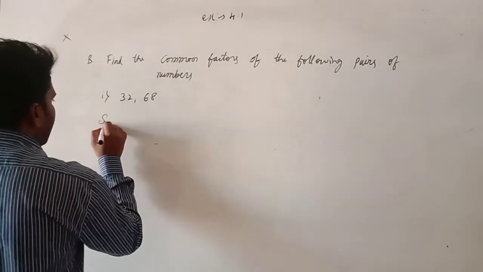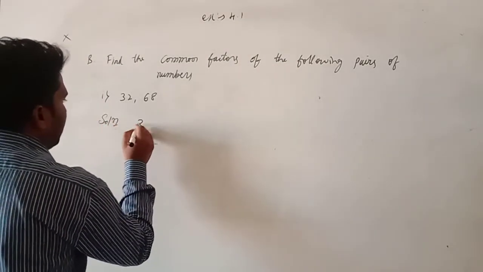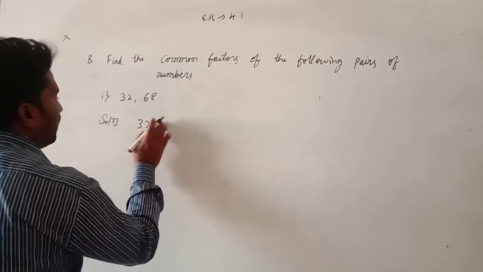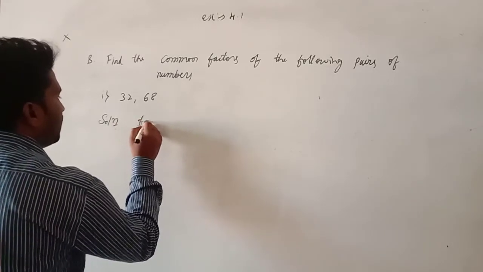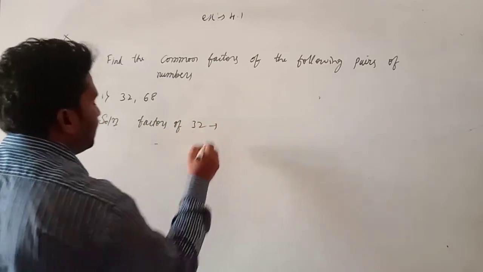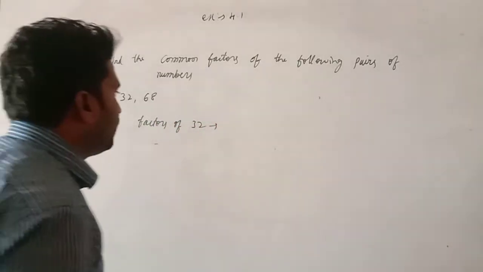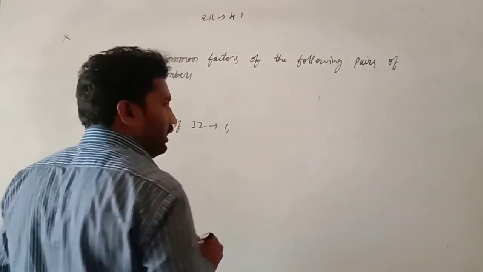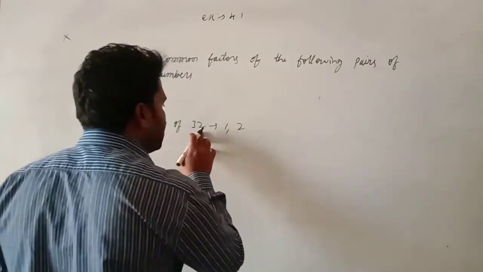So first solution. What are the factors of 32? 32 can be divided by 1, and by 2 because it is an even number.